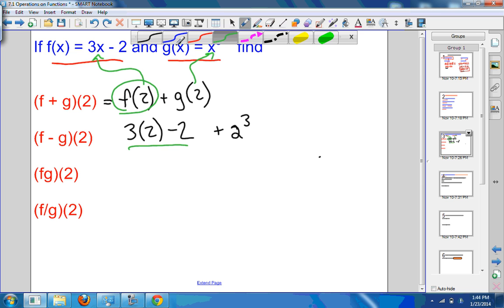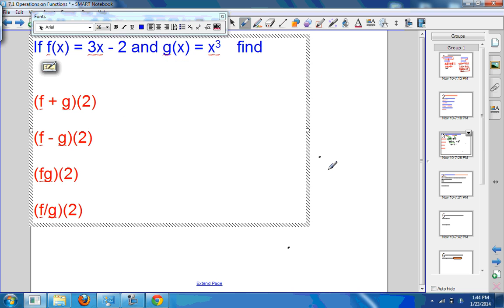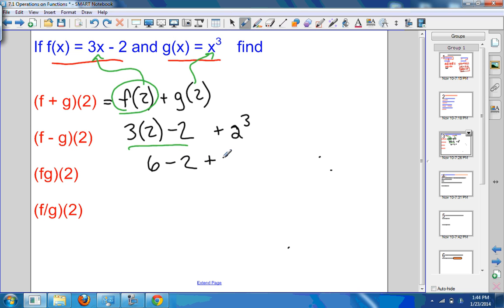So if I simplify this down, 3 times 2 is 6, minus 2, plus 2 to the third power is 8. So 6 minus 2 plus 8. 6 minus 2 is 4. 4 plus 8 is 12.